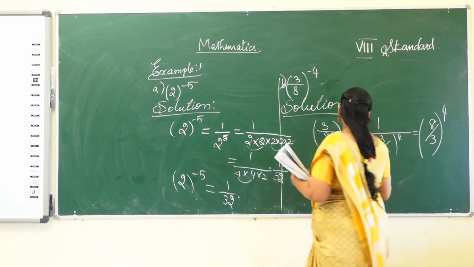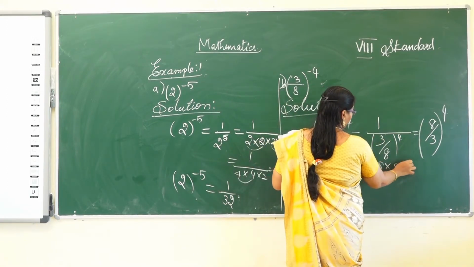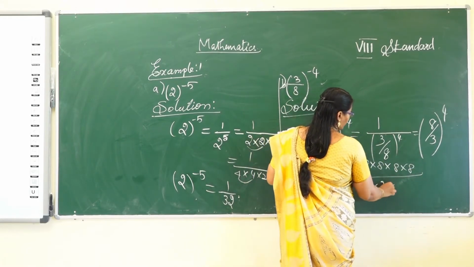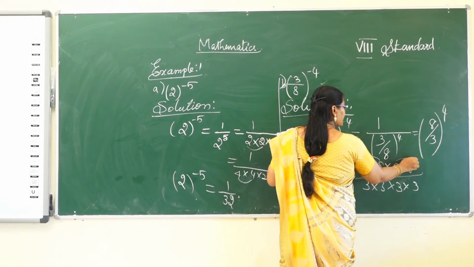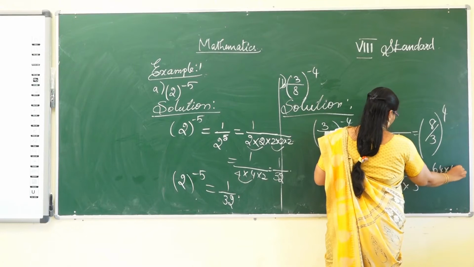Now write in the expanded form: 8 multiplied 4 times and 3 also multiplied 4 times. 8 8s are 64, 64 64s are 4096.